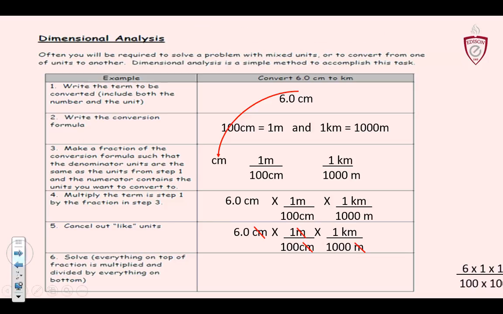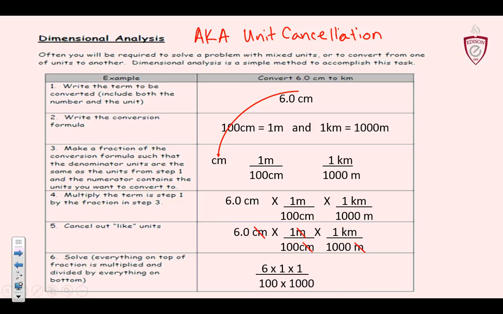So then we solve everything by multiplying straight across the numerator, then dividing it by the denominator multiplied straight across. These are not cross multiplication problems. There's no equals sign except for at the very end, which equals your answer. So mathematically, after we canceled our units, we literally have 6 times 1 times 1 in the numerator, divided by 100 times 1,000.